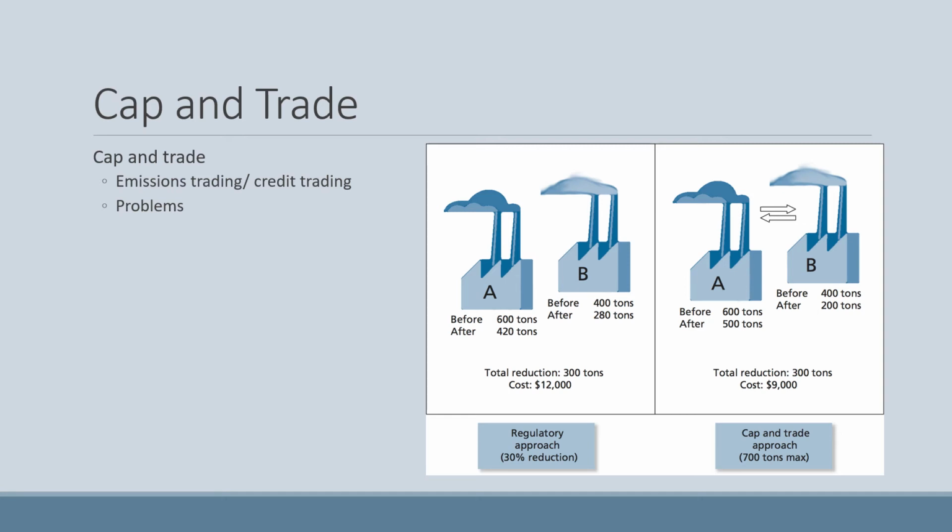but does so at a lower overall cost. So, for example, if we want to reduce our emissions by 300 tons and we have two different companies that are able to reduce at different rates, one company may be able to do it really efficiently.